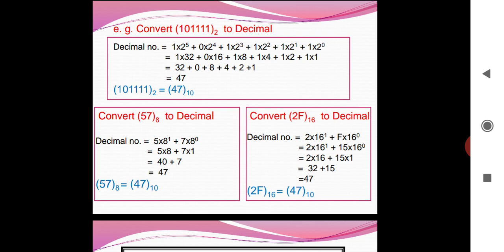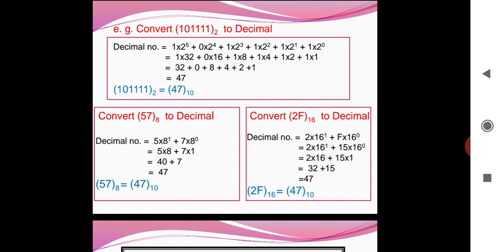So in other words, we can say that each bit is multiplied by a power of the radix. For example, 1 into 2 raised to 0 means we can say 1 into r raised to 0, 1 into r raised to 1, 1 into r raised to 2, 1 into r raised to 3 plus 0 into r raised to 4, 1 into r raised to 5.